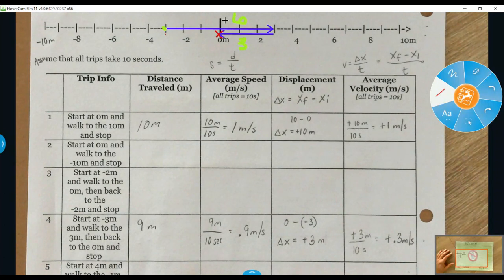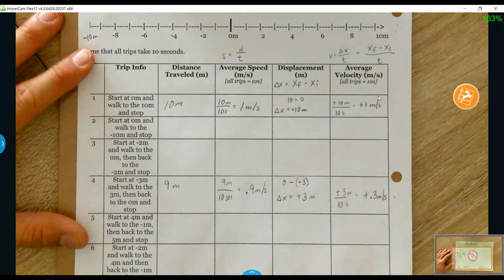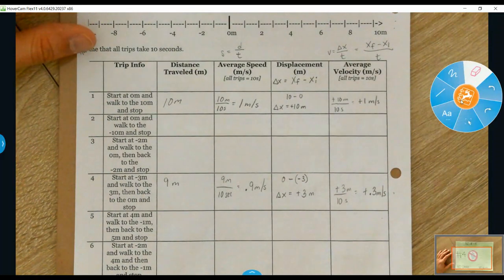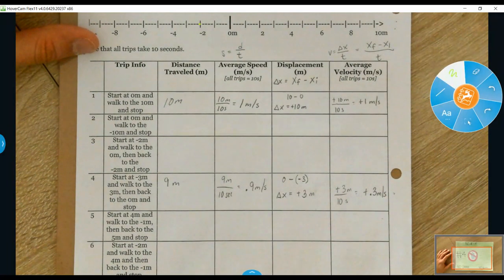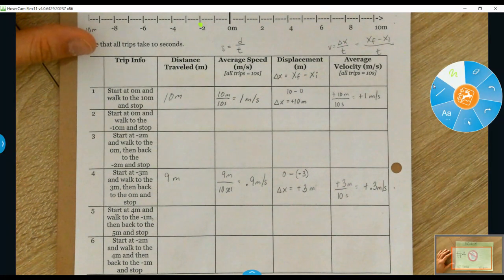Let's do one more. You get to pick the number. 6. All right, let's take a look at 6. Okay, we're going to start at -2 and then walk to positive 4 meters.